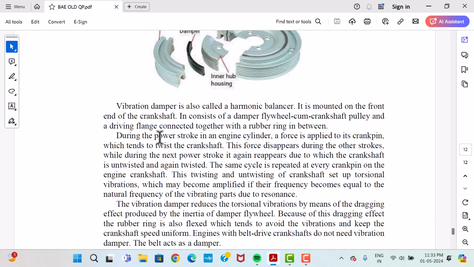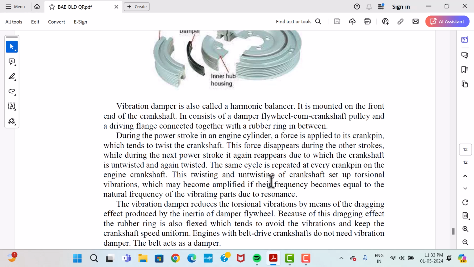Between these, we are using a rubber ring or rubber cushion. During the power stroke in an engine cylinder, a force is applied to its crankpin, which tends to twist the crankshaft. This force disappears during the other strokes. During the next power stroke, it again reappears, due to which the crankshaft is untwisted and again twisted. The same cycle is repeated at every crankpin on the engine crankshaft.